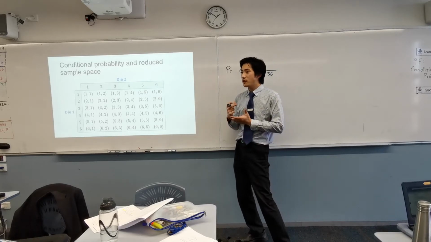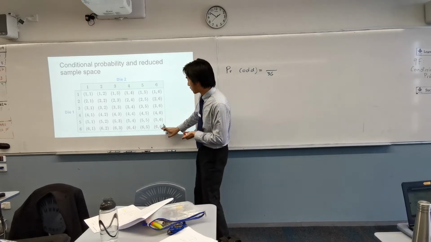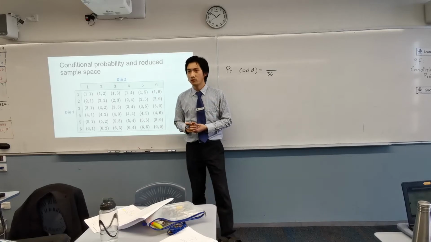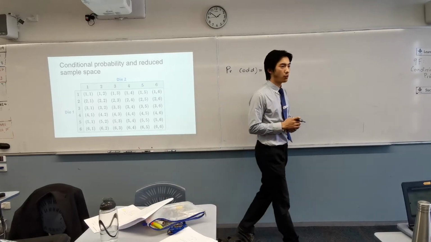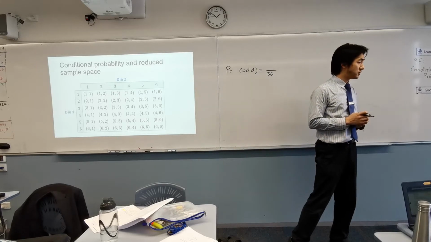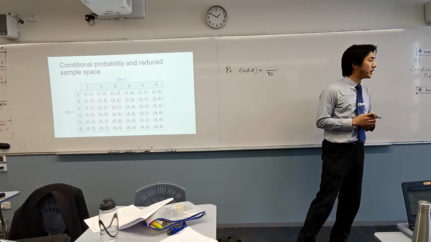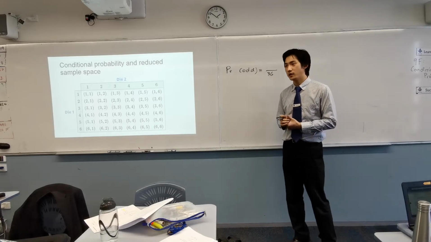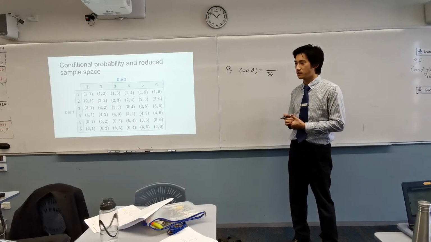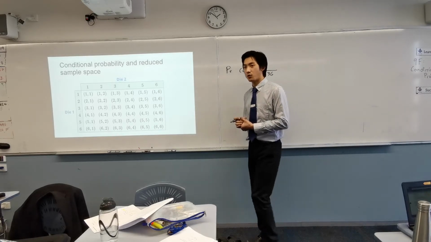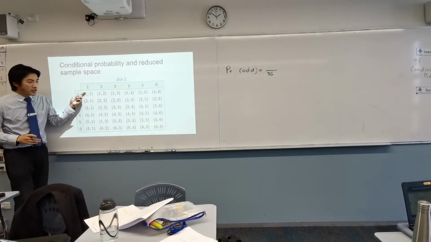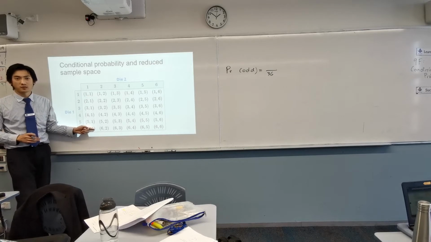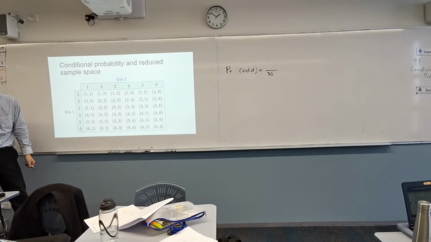But if we want to give a condition to that question, let's say, for example, I'm only interested in the rolls where at least one of the dice is odd if my first outcome starts with 6. My first die roll is 6. That's going to mean I'm going to ignore most of these outcomes in my sample space, and I'm only going to focus on the ones that start with 6.